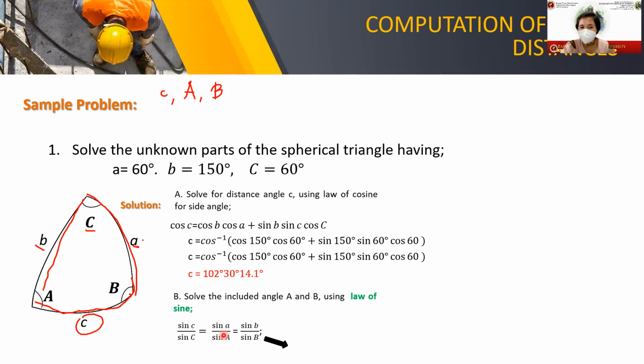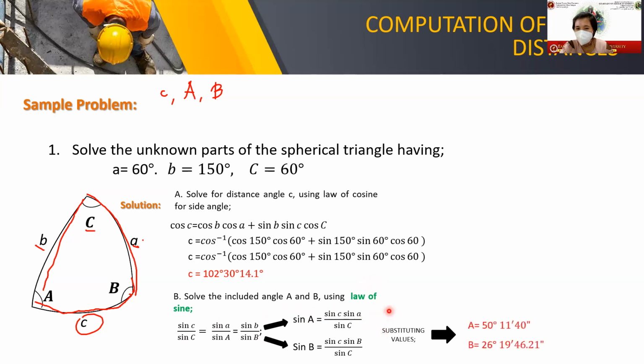So we cross multiply: sine A over sine A equals sine C over sine C, and then direct substitution. For B, we can also use this formula, since we have C and we don't have B. So just cross multiply this one and we can determine the values of A and B. Direct substitution.